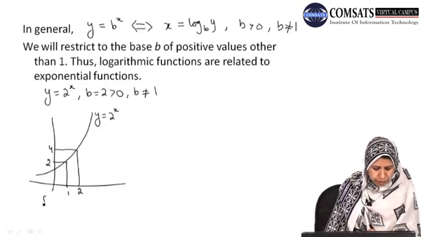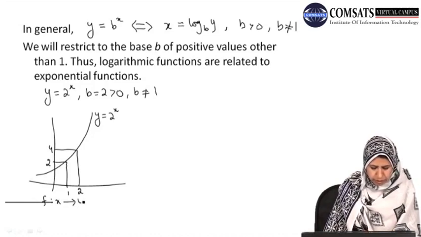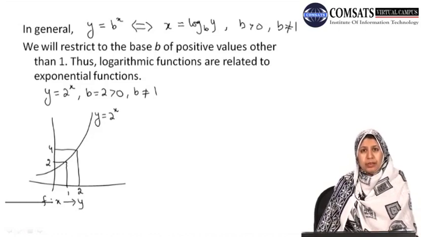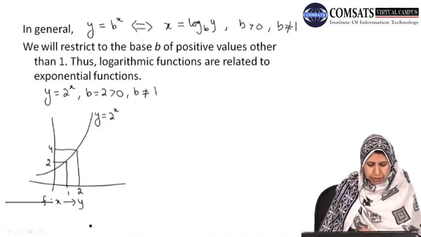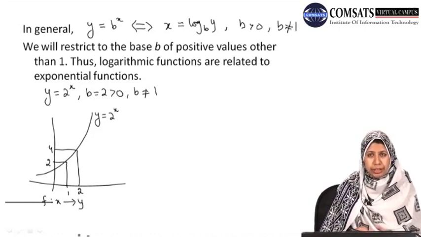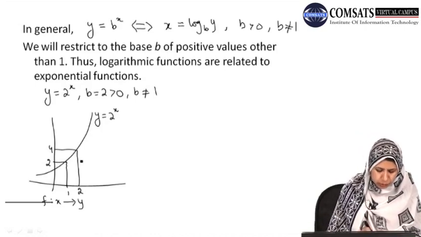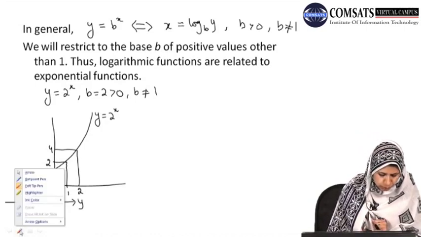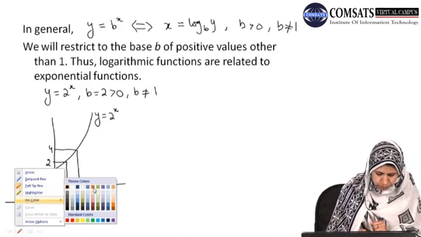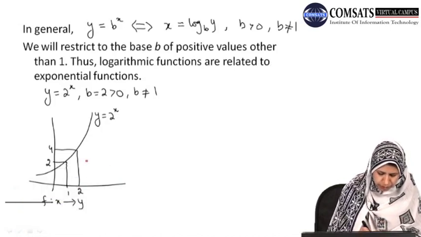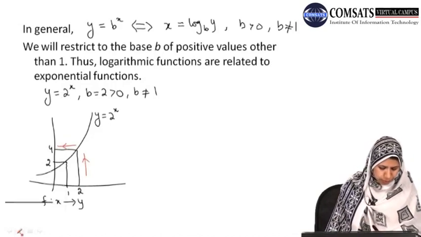So, for x equal to 2, y is equal to 4. Here the function f is sending an input x to the output y. That is, the rule f is assigning to the input 2 the output y equal to 4.